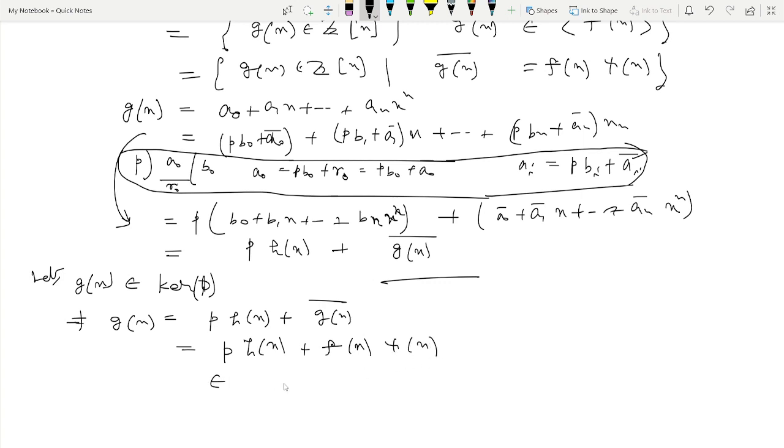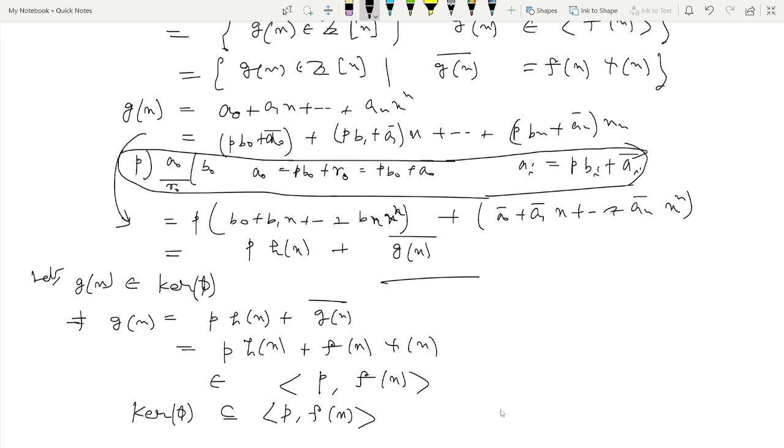So clearly this belongs to the ideal generated by p and f(x). And from this we have that ker phi is a subset of the ideal generated by p and f(x).